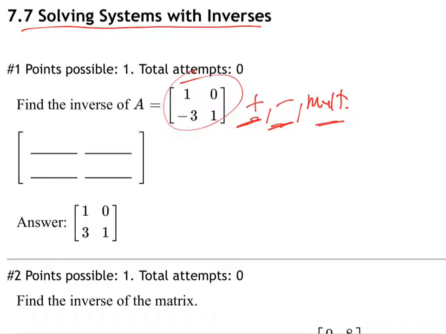We already did that back in 7.5. The adding and subtracting was just regular, normal. You just go entry by entry. You can only add or subtract matrices that are the same size, and it was really easy, really natural.